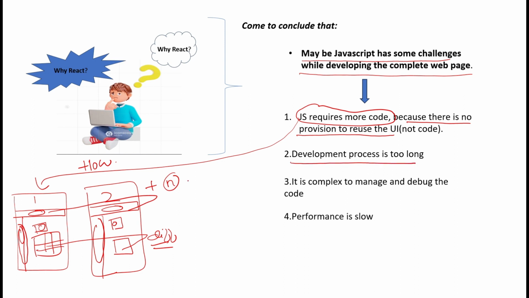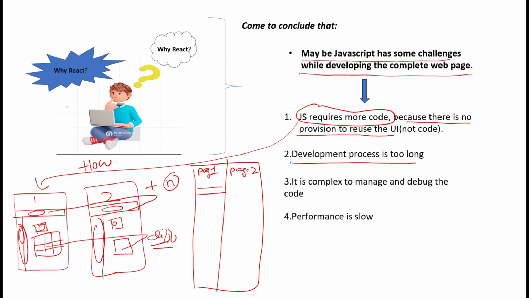How? Suppose in JavaScript there is no option of reusing the user interface. What does the developer do for page one and page two? He has to rewrite the code again and again for every user interface. Here also a navbar is there, so he rewrites the code. A button is there, he rewrites the code again.